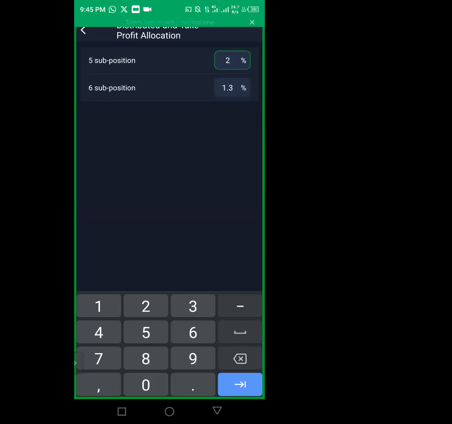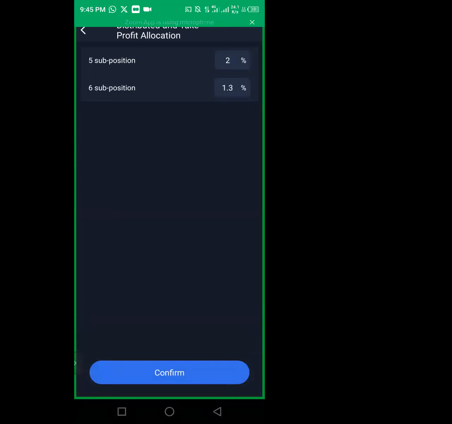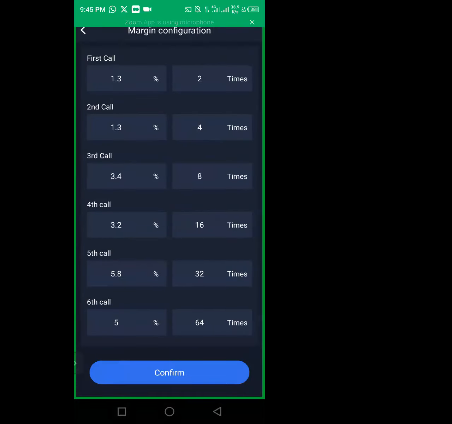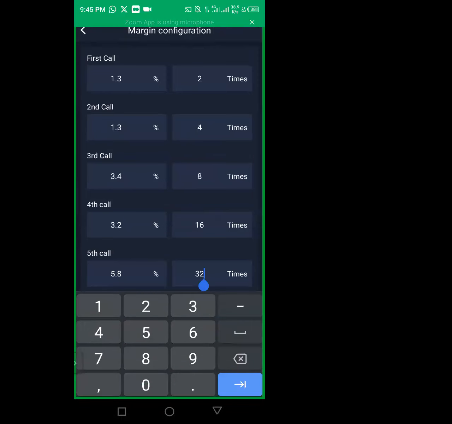Now, imagine the fifth. Let me explain something. Just imagine that you used like $50 to buy this particular fifth margin call.